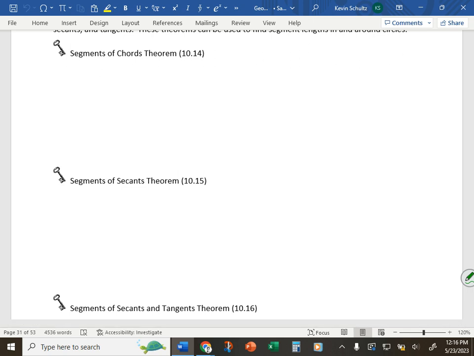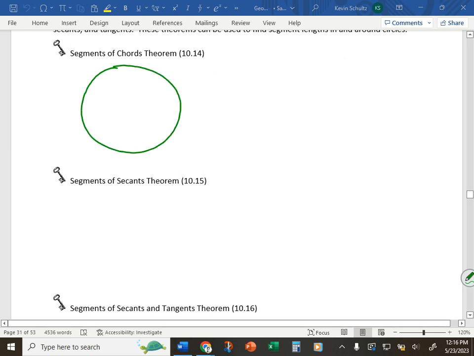Yesterday we talked about what happens when you have two chords that intersect inside of a circle, and we talked about a part-part relationship.